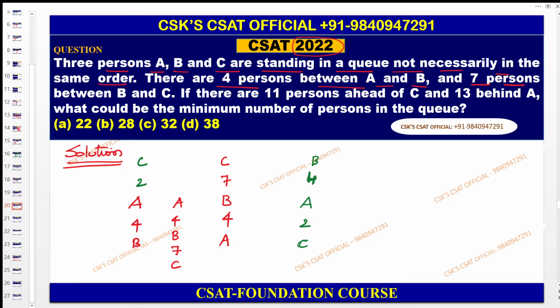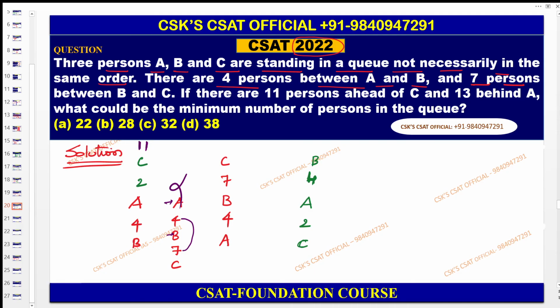Now, next one. There are 11 persons ahead of C. So 11 here. Now check whether this case is possible or not. 7 plus 4 itself is 11. When you add this one, it becomes 12. If you add this one, it becomes 13. Ahead of C you have only 11, but it is going beyond 11.